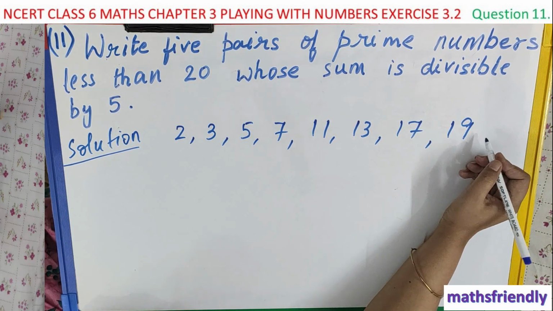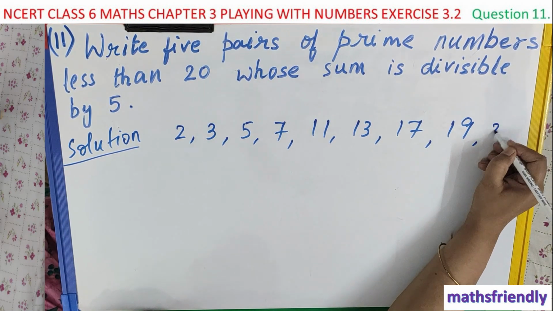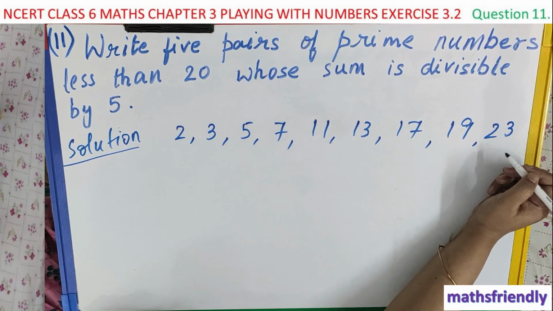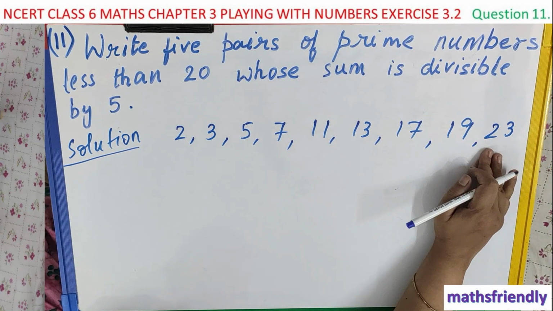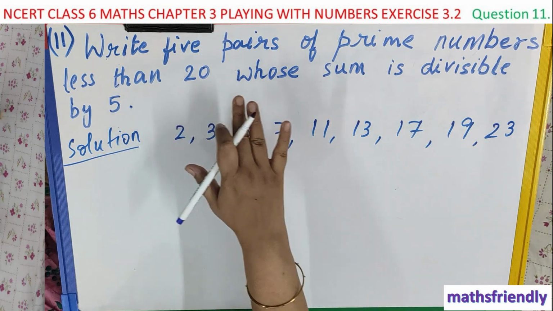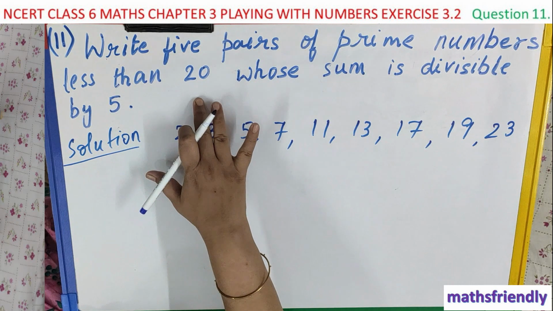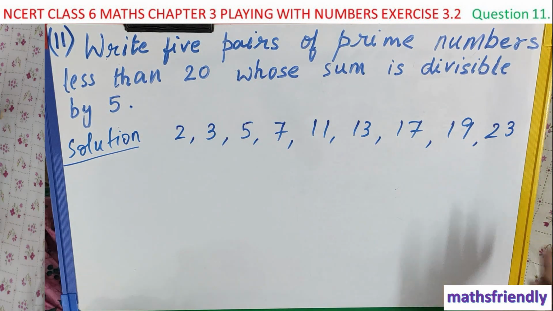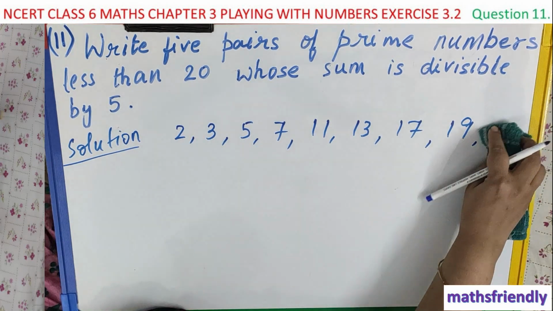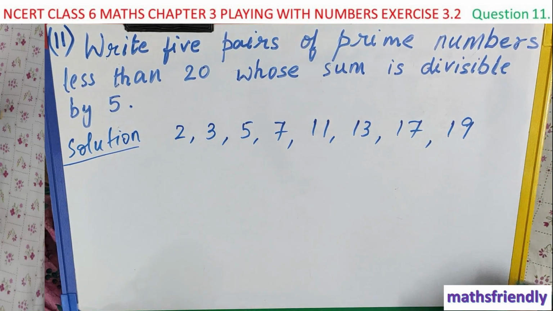After that the next prime number is 23, but we will not take 23 because the question says pairs of prime numbers less than 20. So only the prime numbers less than 20 will be used, up to 19 only.